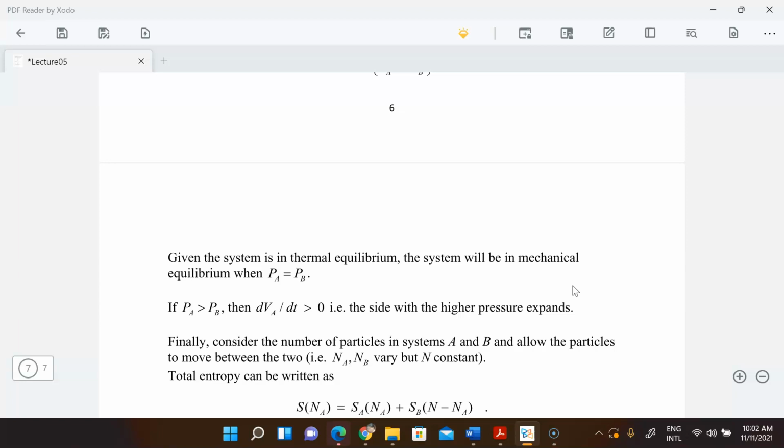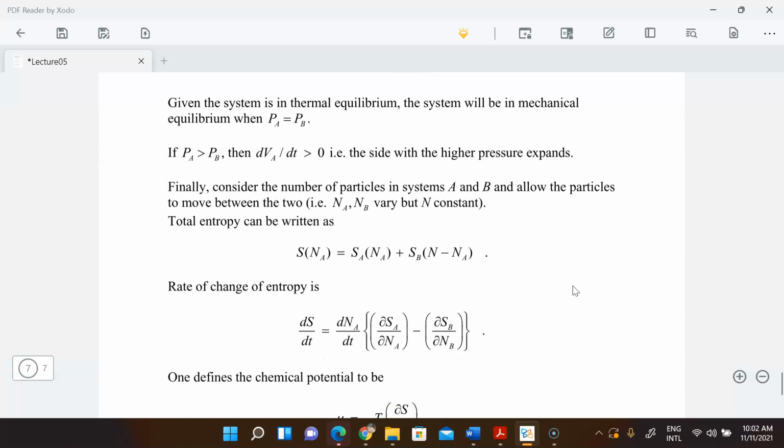The one that we have seen is the thermal equilibrium, and then we have seen the mechanical equilibrium. There is one last equilibrium that one should cover, which is the fact that the number of particles in the subsystem can also change.